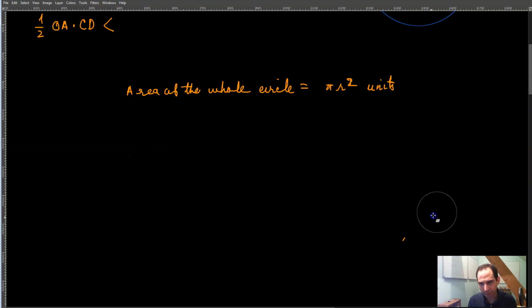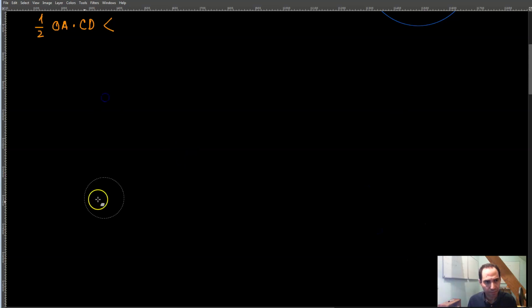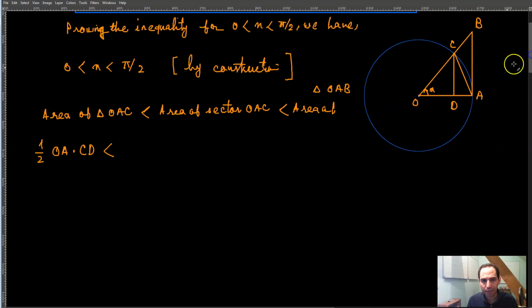So with that in mind, what we can say is that the area of this sector OAC is x by 2 pi times pi r squared. And of course r squared would be OA squared, so I can write this whole thing as pi, and pi I can cancel out.